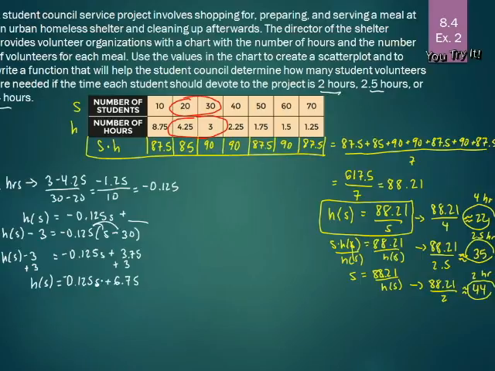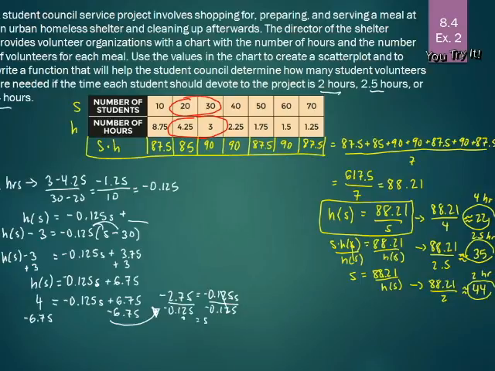And so now we want to know if the time is 4 hours. So we can go ahead and plug in 4 for h of s and then solve for s. And so now solving for s, we can go ahead and subtract 6.75 on each side. And so then we get negative 2.75 equals negative 0.125 s. Then dividing by negative 0.125, then we get 22. And that's the approximate number we got in our rational function.